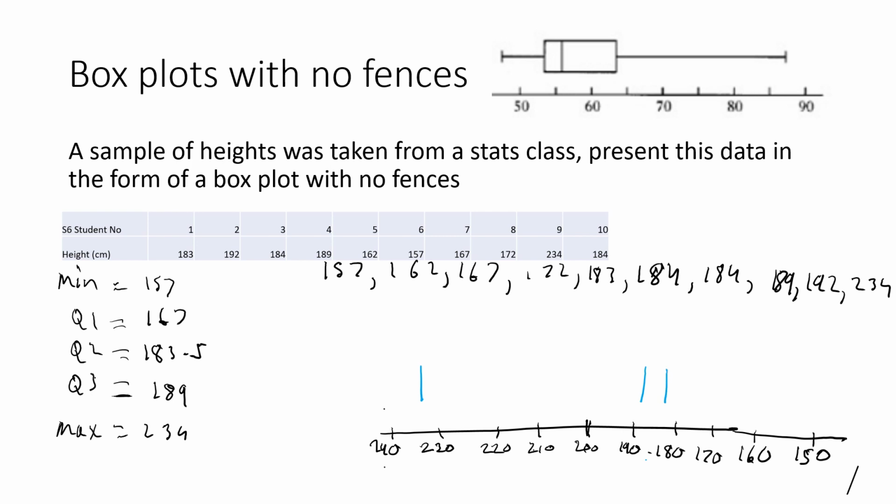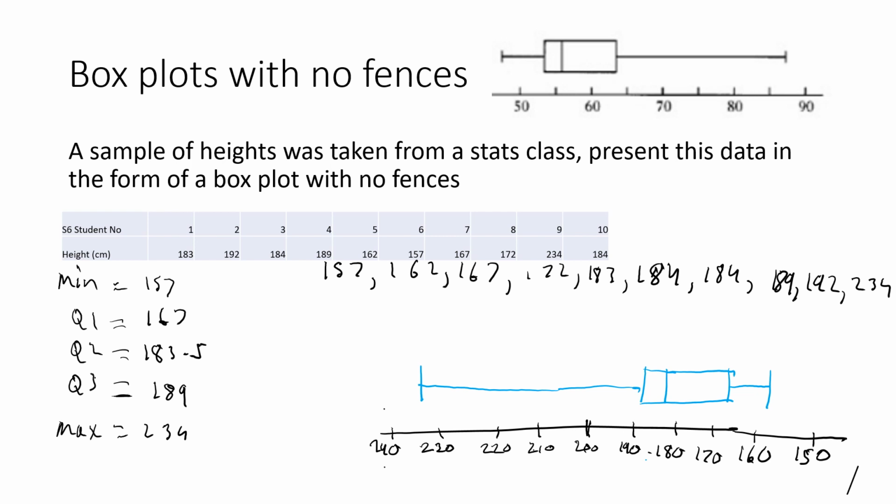One at 167, which is there, and one at 157, which is there. And then we combine the quartiles in a wee rectangle, and then we draw a line from the lowest quartile to the minimum and the highest quartile to the maximum. And there we have our box plots.